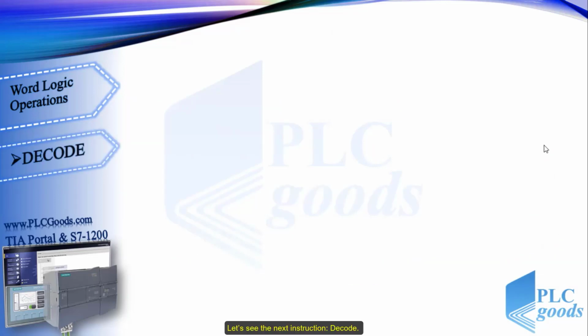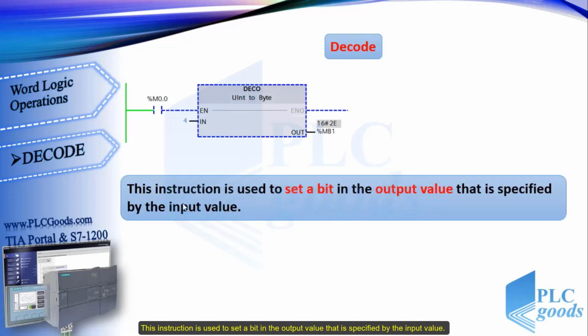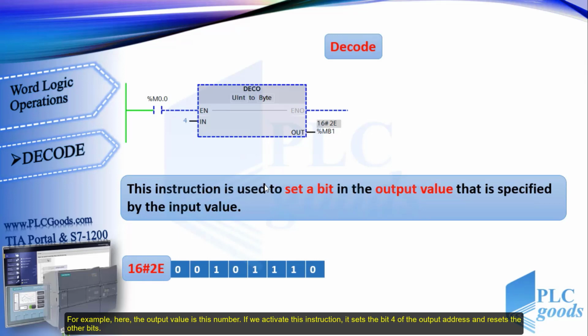Let's see the next instruction, decode. This instruction just accepts a positive integer number and its output data types can be a byte, word, or double word. This instruction is used to set a bit in the output value that is specified by the input value. For example, here the output value is this number.